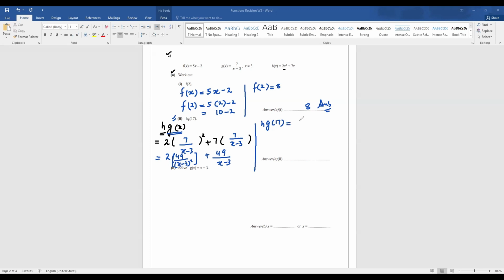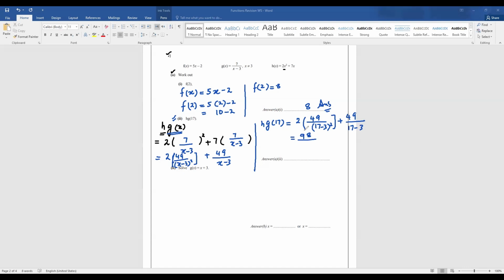This is going to be 2 into 49 divided by 17 minus 3 and square of that, plus 49 over 17 minus 3. 49 multiplied by 2 is 98.